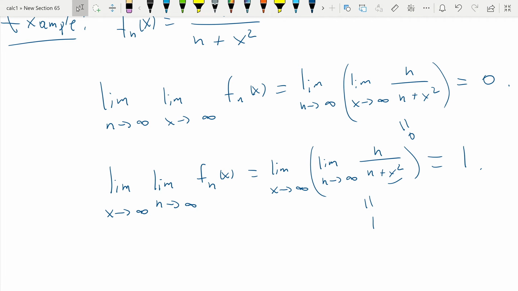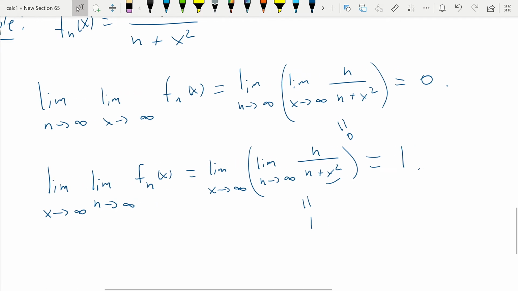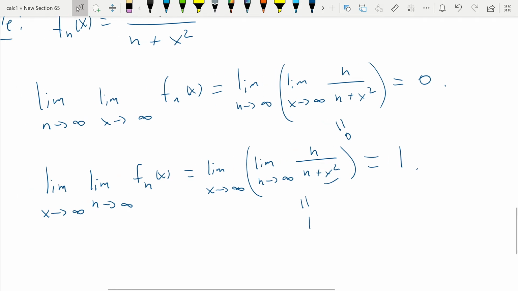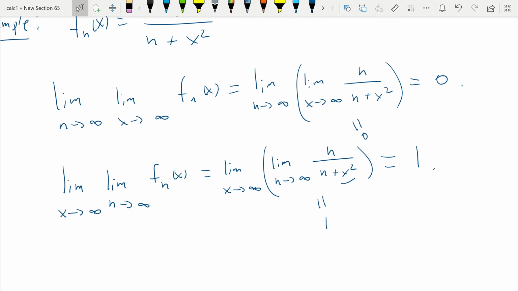And this is what points out the kind of problems that we're facing when we're trying to interchange limits. The processes here are not uniform. So the convergence to 1 here is also not uniform. The bigger the x, the bigger the n you have to pick to get really close to 1, I mean, within an epsilon neighborhood of 1.